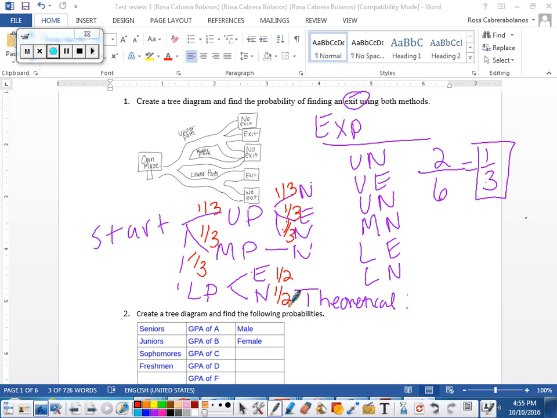I'm looking for the ones that have an exit. So I'm going to follow 1/3 times 1/3, and write that down. And then I'm going to follow the other one, 1/3 times 1/2.